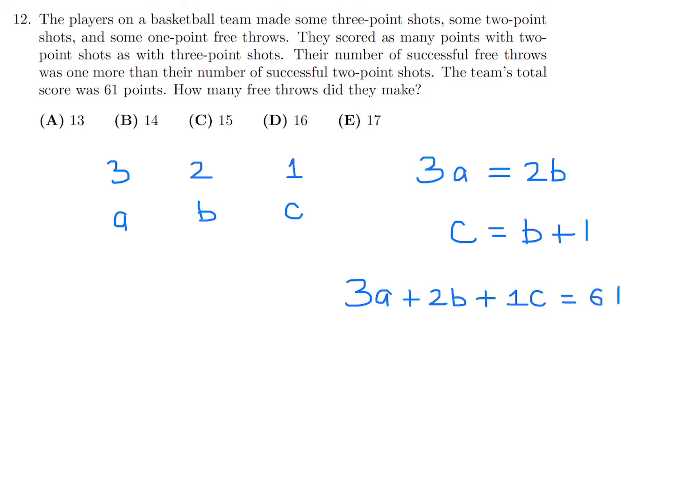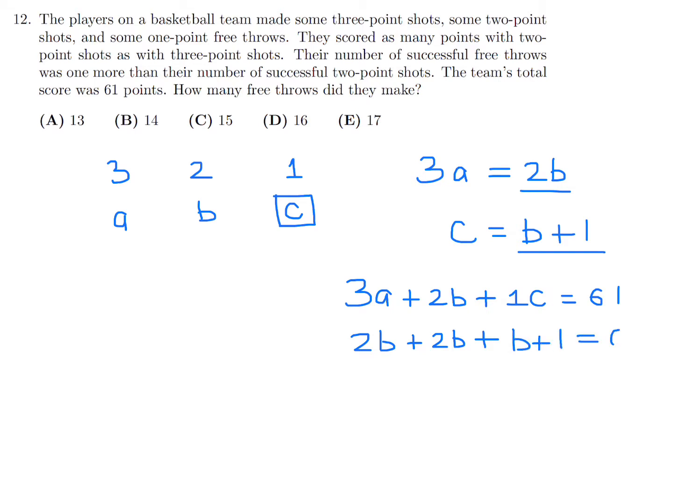So what are we asked to find? How many free throws? So they want you to find the value for C. Well, in this equation, we can substitute our findings. 3A is 2B, so I can just put that there. 2B, I'll just leave that as that. And then this 1C, which is just C, I can substitute B plus 1.